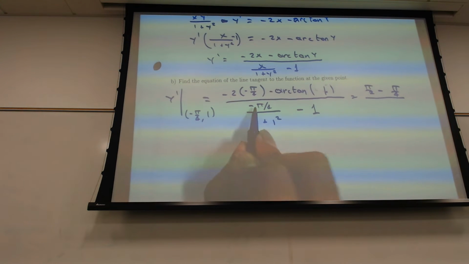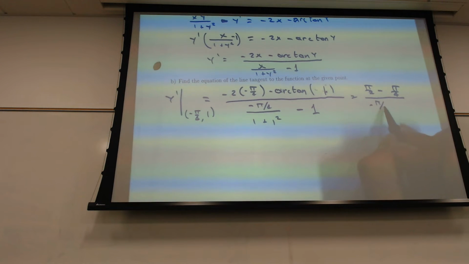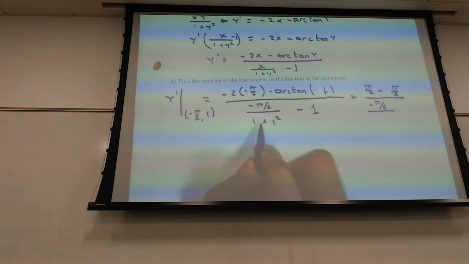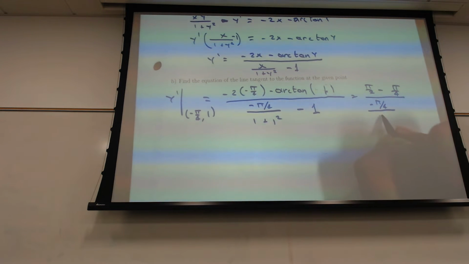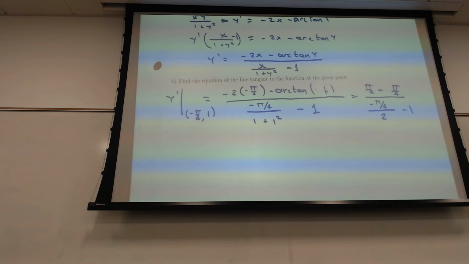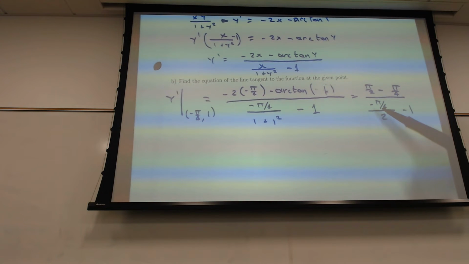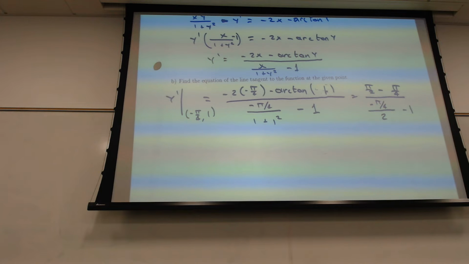And negative pi over 4 divided by 1 plus 1 squared, but 1 squared is 1, plus the other 1, that's going to give us a 2, and minus 1. And pi over 4 divided by 2, this quantity right here, pi over 4 over 2 is the same as saying pi over 4 times 1/2, which will be pi over 8.